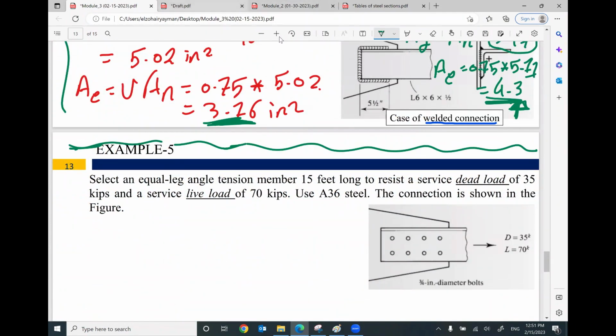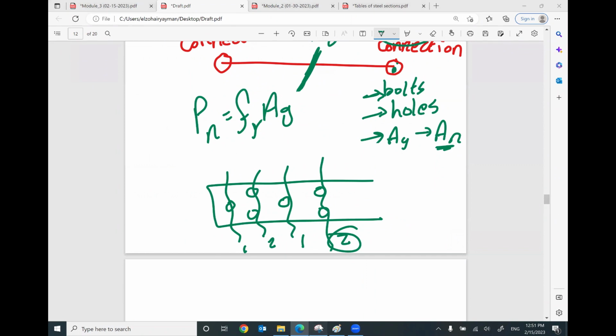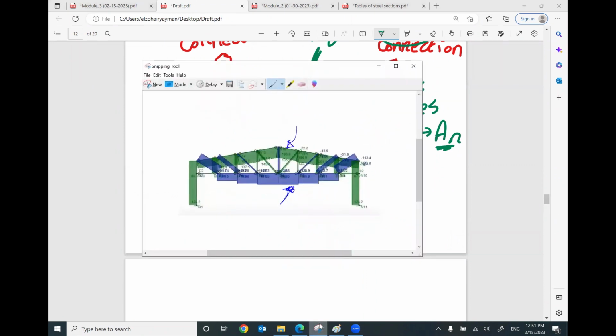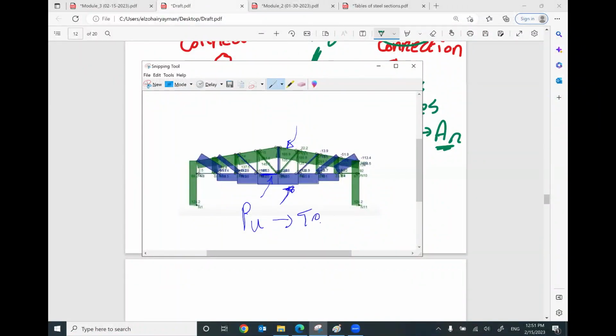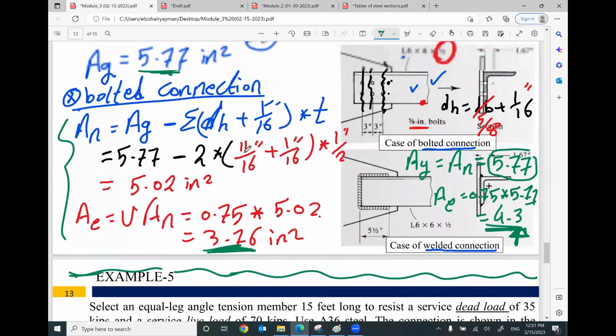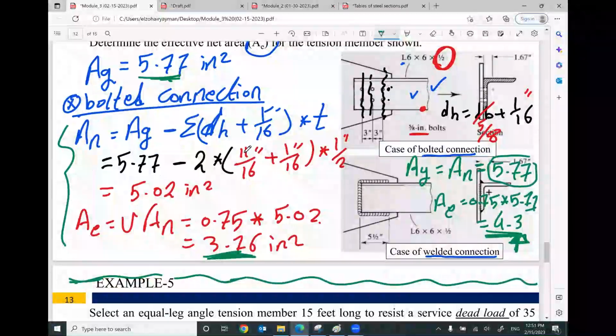Guys, keep in mind, we are done with the truss solution from last meeting. So in this member, for example, we have a value called P ultimate, which is tension. How to design this tension member: we discussed a few concepts today about area gross, area net, area effective.